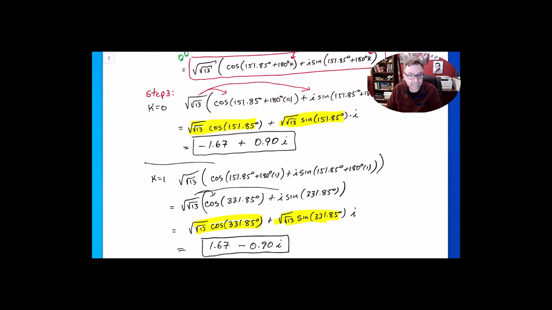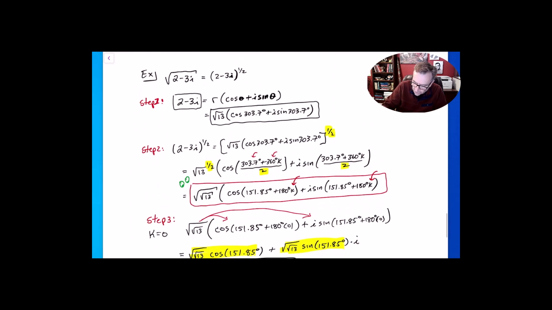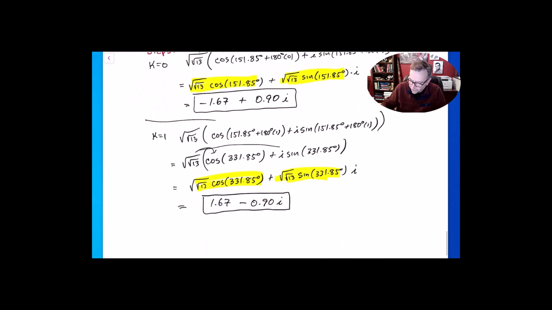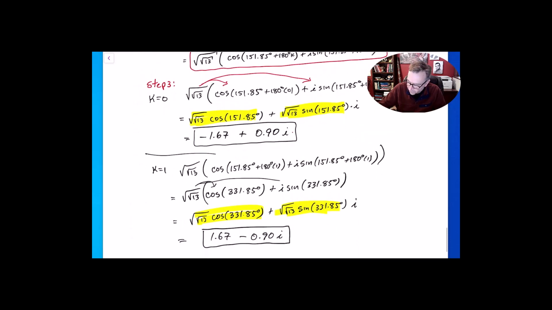That's the second square root of 2 minus 3i. Right? So we're finding the 2 square roots of 2 minus 3i, and so here they are. Right? Negative 1.67 and positive 1.67.